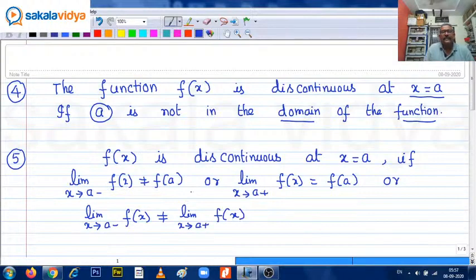In these three cases, the function is said to be discontinuous.